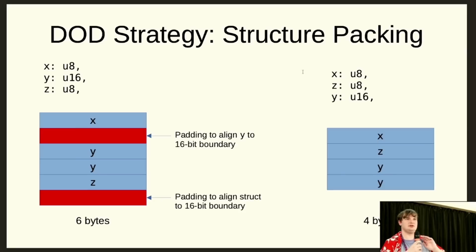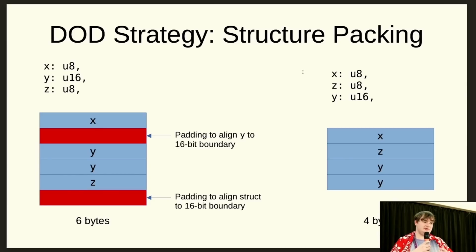So we're going to look at a few common strategies for applying data-oriented design first. The first, and probably the simplest to generally do, is structure packing. When you're working in languages like C, fields that you give have a certain natural alignment. So a U16, like a 2-byte integer, will generally require itself to be aligned to a 2-byte boundary in memory.